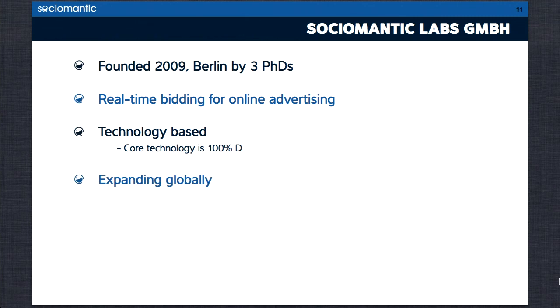Secondly, SOCIOMANTIC is global. We are everywhere. We're now serving over 50 markets on all the non-frozen continents. We now have offices in 9 countries.